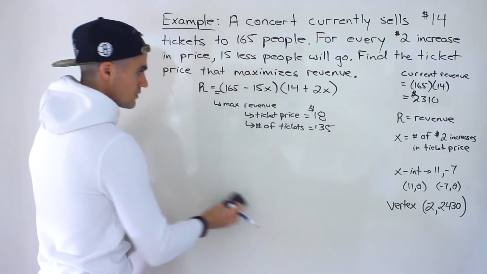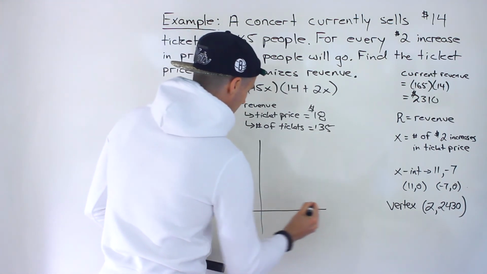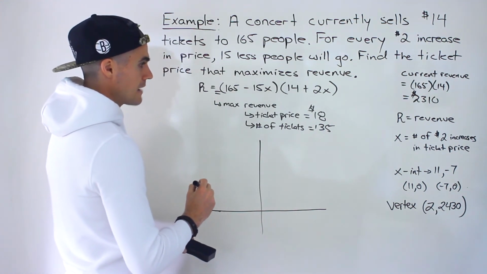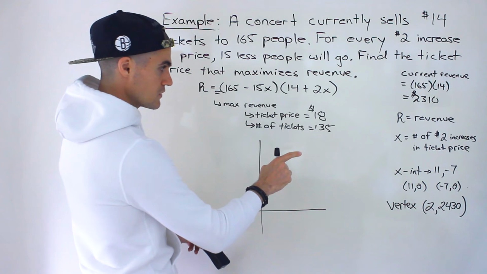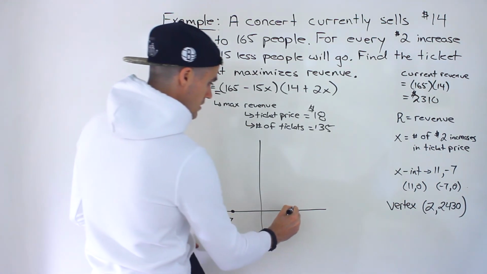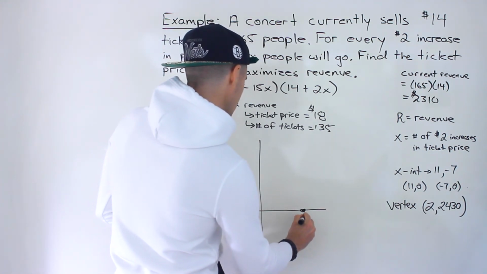And just to quickly show you how all of this looks on a graph, just to really drive the point home and make you understand what's happening, the two intercepts we found were -7, which is like over here, and then 11, let's say it's like over here.